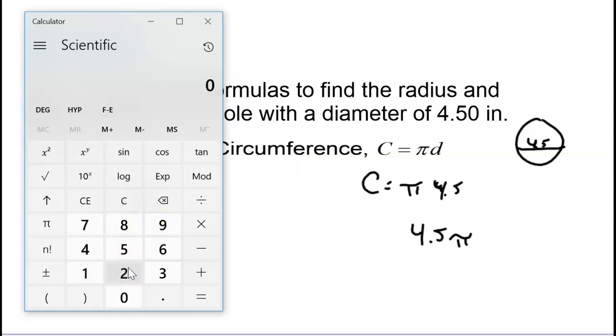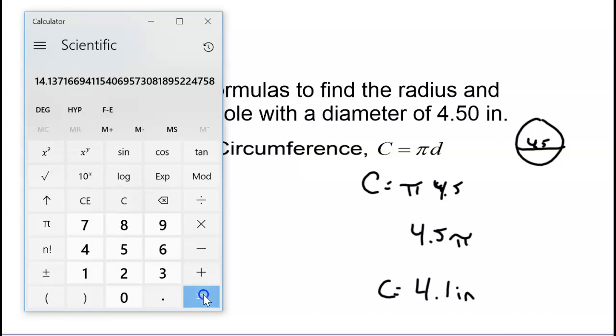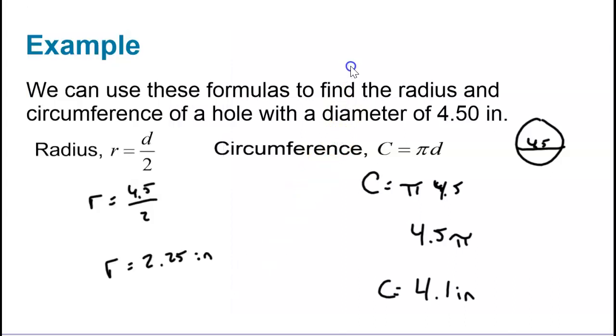So in this case we'll go 4.5 times pi, and we get a number that comes out to 4.1 inches because of our significant digits. And so 4.1 inches is the circumference, but it's not exact. If we wanted to get the exact number, we could leave it as 4.5 times pi.